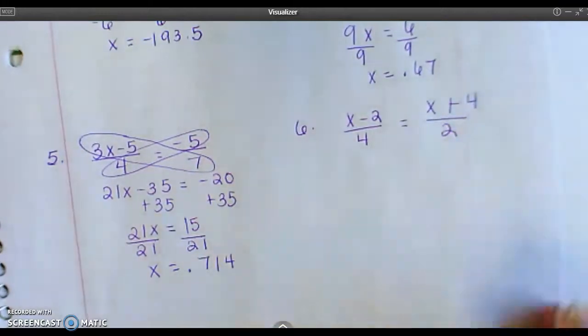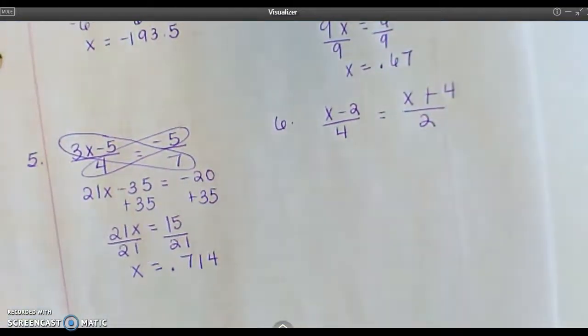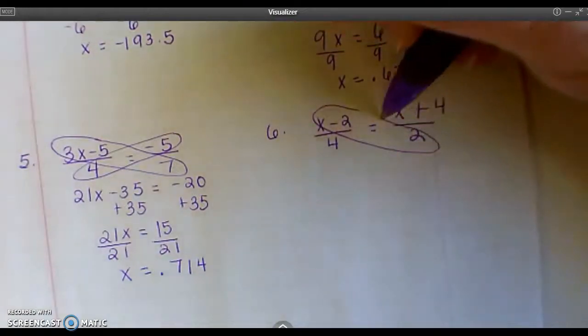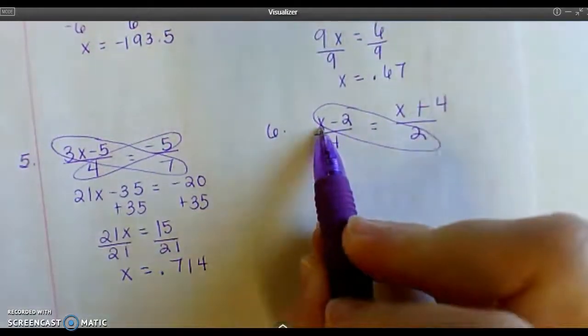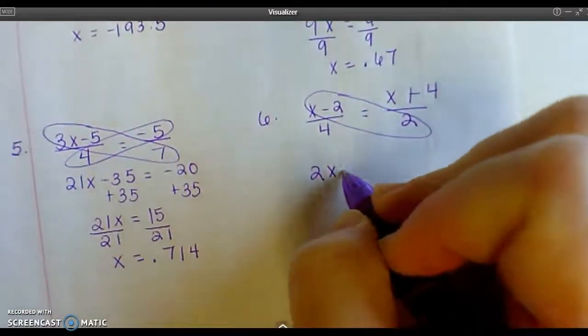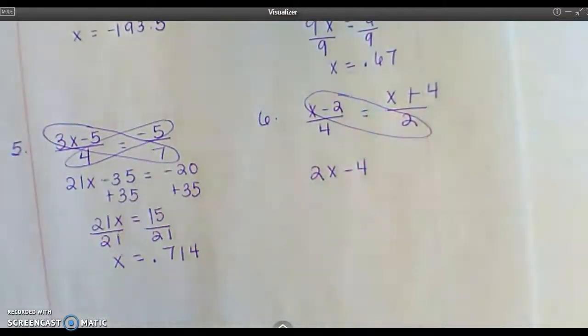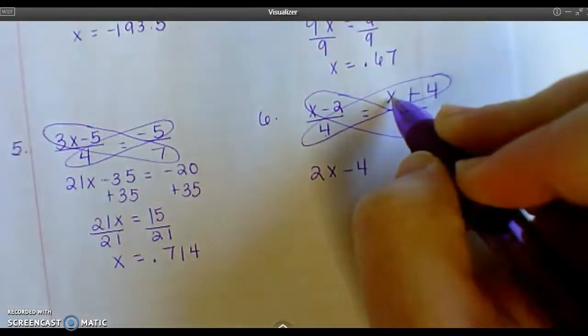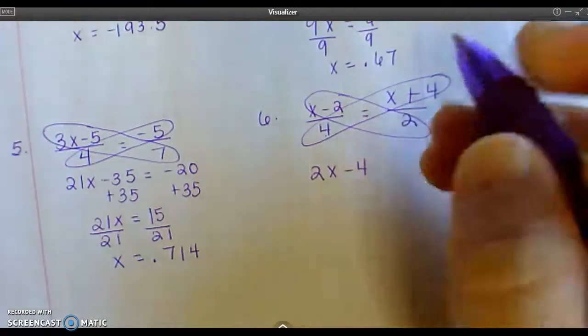Okay, so here's another one, and on this one, we have x's on both sides. So interestingly enough, you have to think about what happens when you have x's on both sides. So here, start with whichever. 2 has to be multiplied by the x and by the 2. So you would get 2x minus 4. Alright, over here, the 4 has to be multiplied by the x and by the 4.